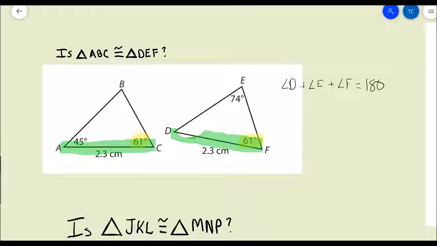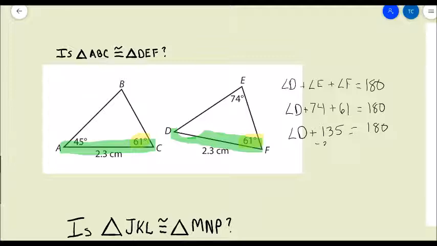And we know that angle E is 74 degrees and angle F is 61 degrees. We know that 74 plus 61 is 135. So now we've got 135 plus angle D, whatever that is, must be 180.